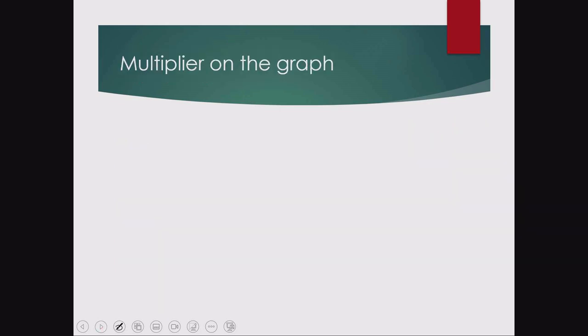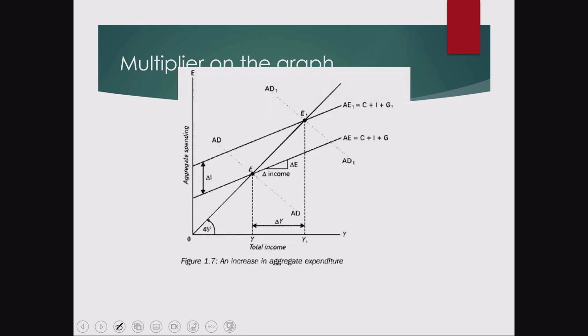Now moving from there, we look at the multiplier on the graph, which is one important thing. There is a graph that we have seen in the books. Now when you draw your graph, you've got your vertical axis, you've got your horizontal axis. On this side is the side for the aggregate expenditure.